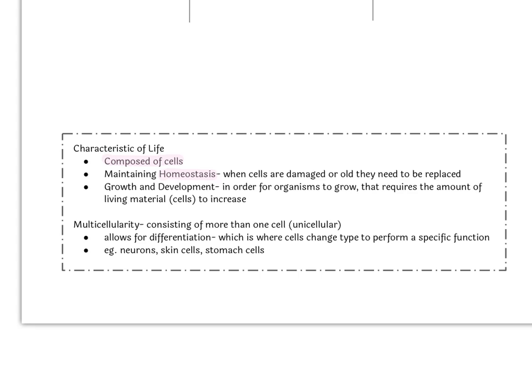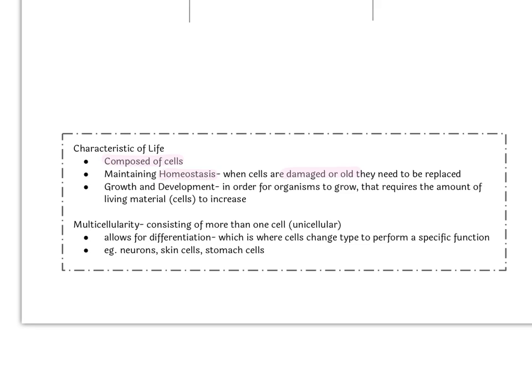When cells are damaged or old, they need to be replaced. Cells have a life cycle. When they get to the end of that life cycle, or if they're damaged somehow, then they need to be replaced by other cells, and that's why we need to keep doing the cell cycle. That's why it's continuously happening.